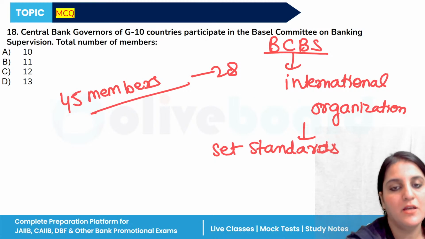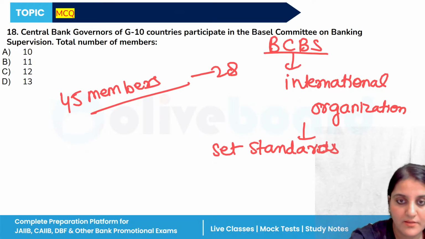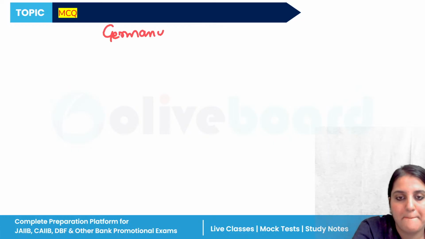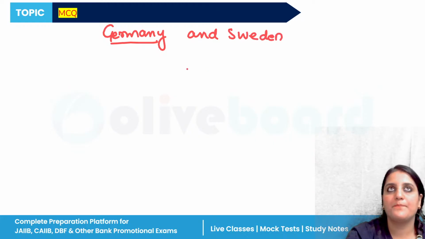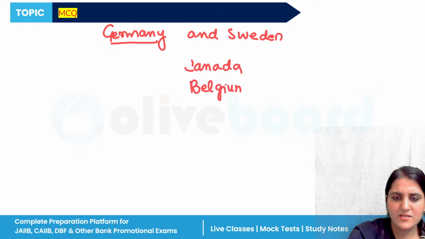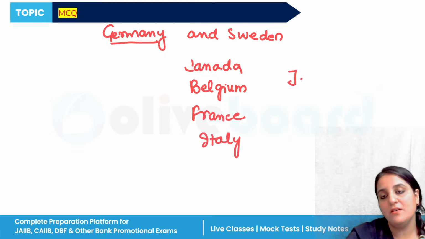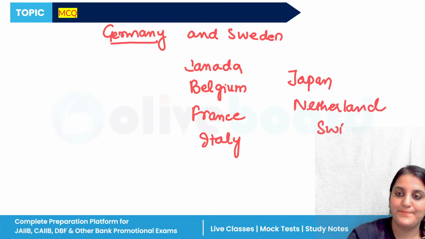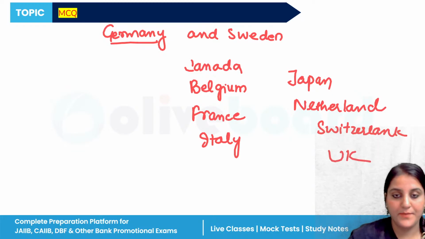And the Group of 10 is made up of 11 industrialized nations that include central banks from Germany and Sweden, as well as governments from Canada, Belgium, France, Italy, Japan, Netherlands, Switzerland, and also the UK, not Uttarakhand, United Kingdom.